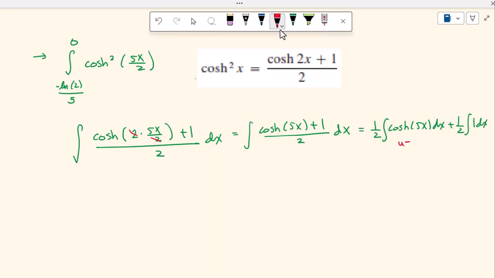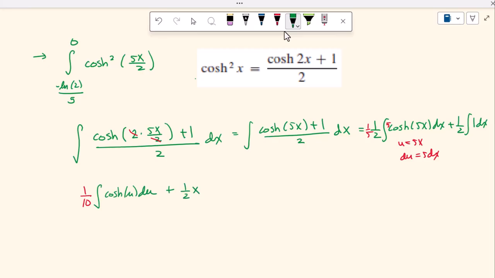So for here, u is equal to 5x, du is 5 dx. So I'm going to compensate with 5 on the inside and a 1/5 on the outside. So for that one I get 1/10 integral cosh of u du. And then my next one is pretty straightforward. The integral of 1/2 dx is going to be 1/2 x.